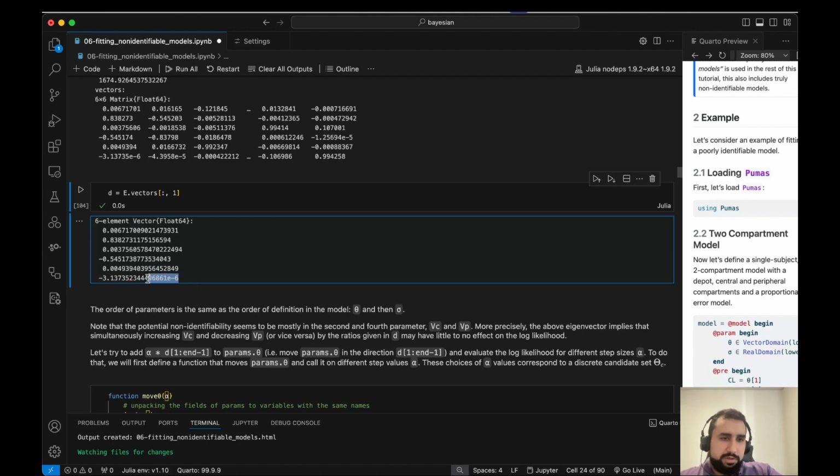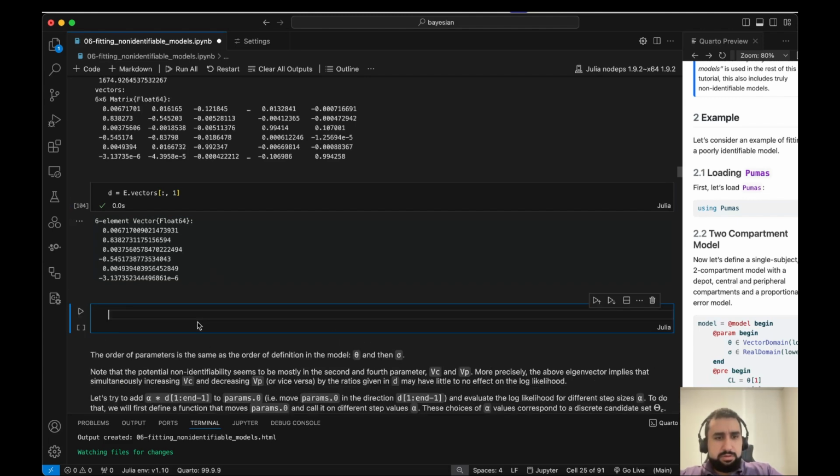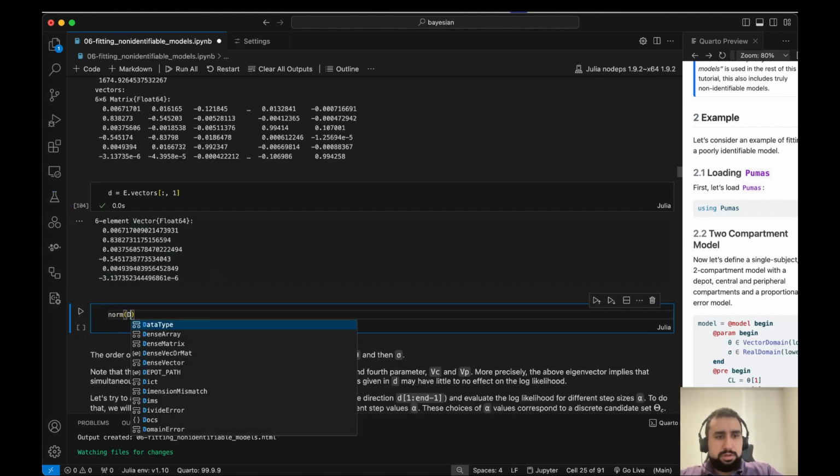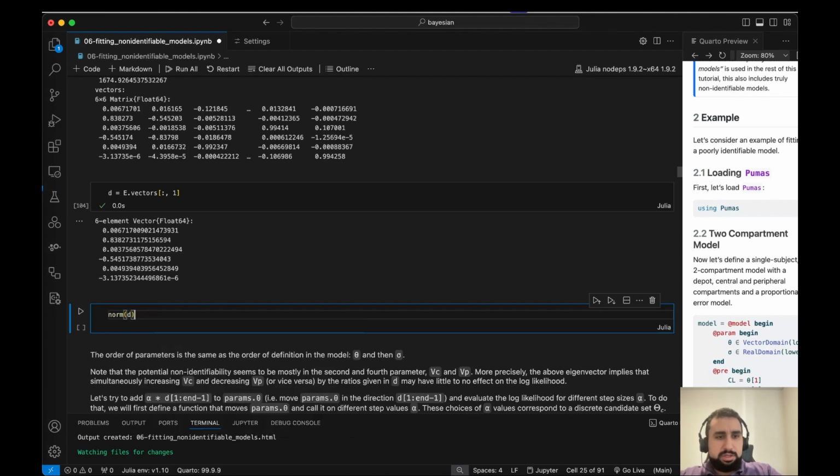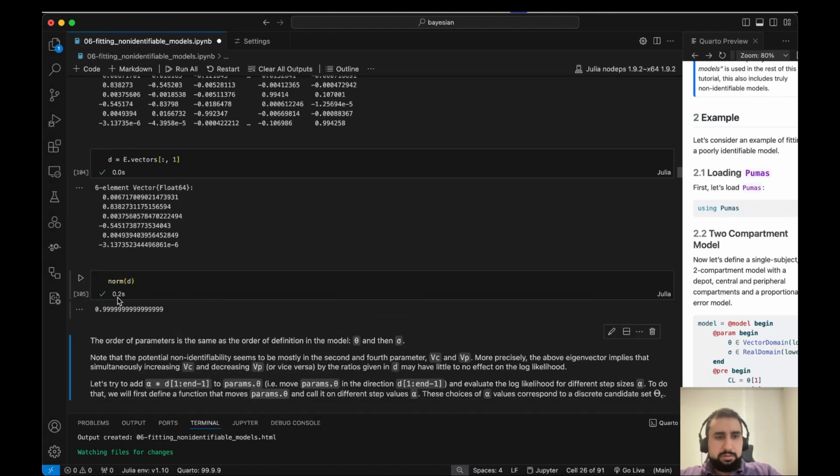But notice one thing: the last number in this direction D is very close to 0, at least compared to the other numbers. Now this is a normalized vector, by the way, so this is a vector whose norm is 1. What that means is if I call the norm function on this direction D, it's going to be very close to 1.